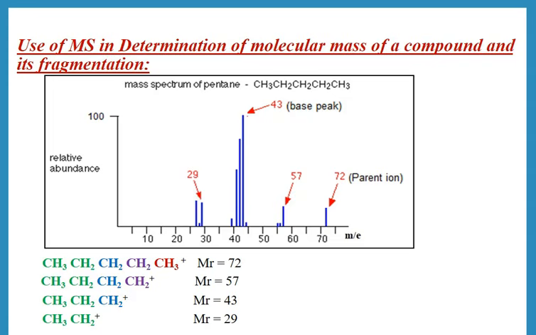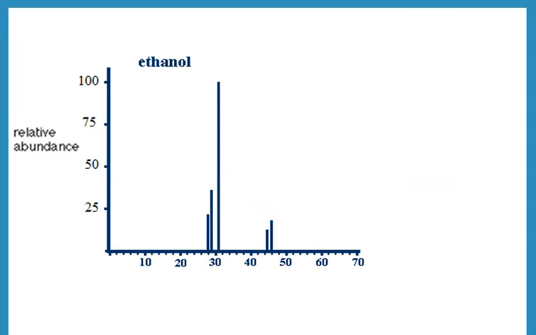So this is a basic spectrum. It shows me the molecular mass of the compound. If I'm not sure what the compound is, then this is a compound that has a molecular mass of 72. It also shows the different fragments, so this helps me to confirm the structure of the molecule. And we'll do some questions regarding this.